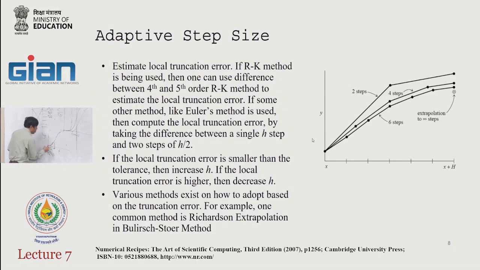Say this is h over 2, but when I go here, say this is the result I got. So this is really the difference or the error term. This small difference is the error term that I'm getting here. This tells me that if this error is below the tolerance, then I increase the step size.